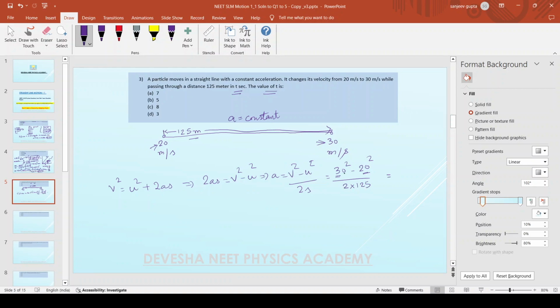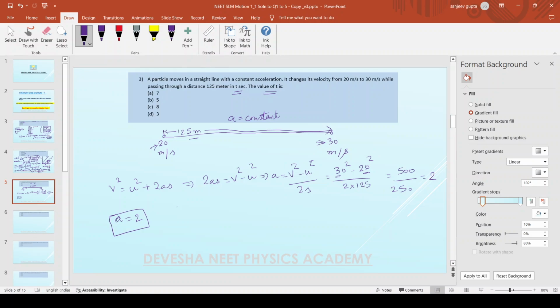So this becomes 900 minus 400, which is 500. 500 divided by 250 is equal to 2. It implies that the value of a is equal to 2.